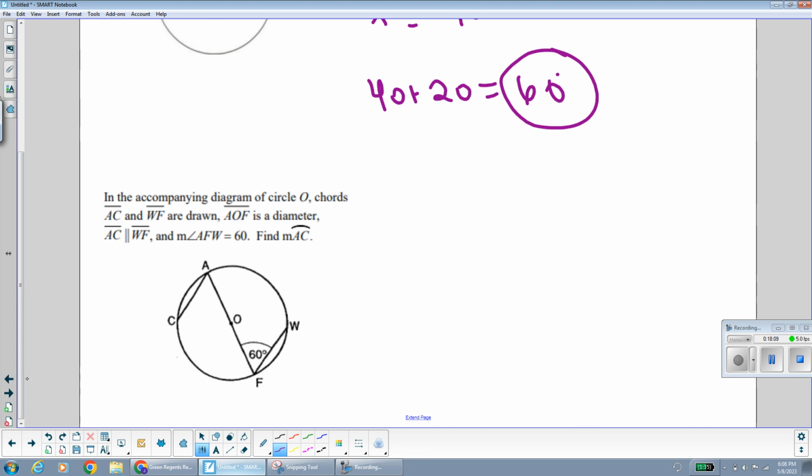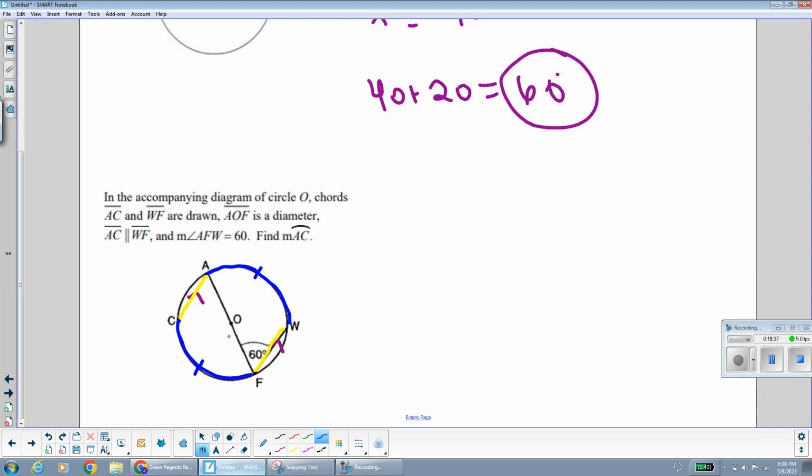Another quick example. We're told that AC is parallel to WF, and this angle over here is 60 degrees. We need to find this arc. Since we have two parallel chords, the arcs in between those chords should be congruent to each other.